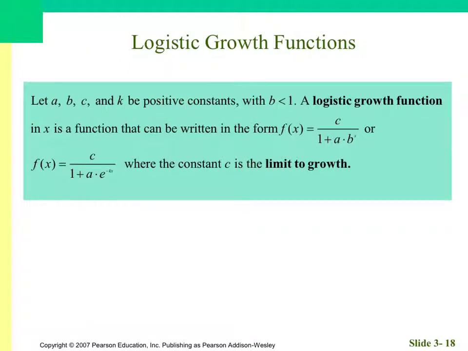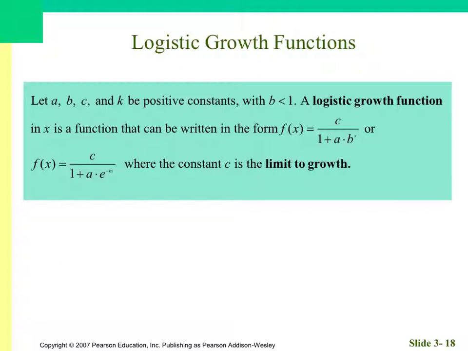So logistic growth functions. Let a, b, c, and k be positive constants, with b being less than 1. A logistic growth function in x is a function that can be written in the form f of x equals c over the quantity 1 plus a times b to the x, or f of x equals c over the quantity 1 plus a times e to the negative kx.